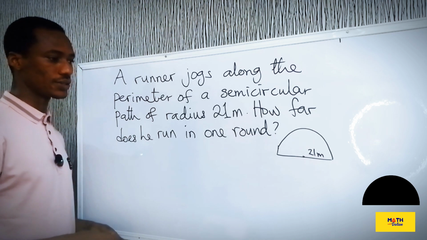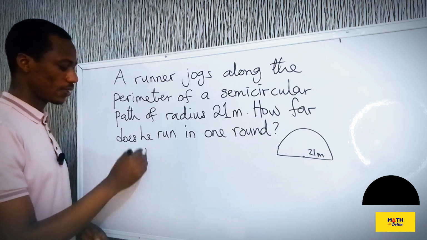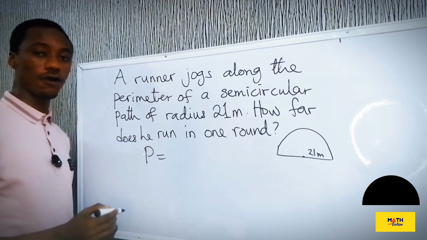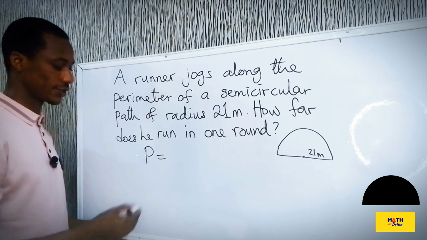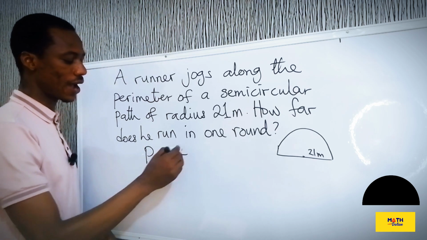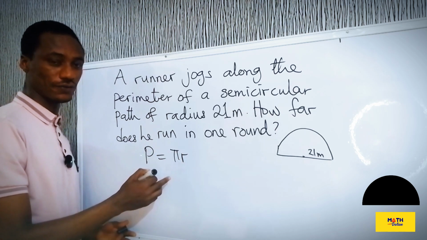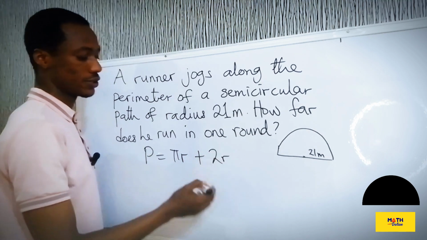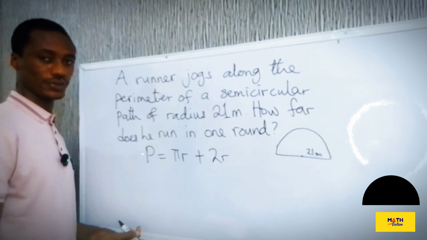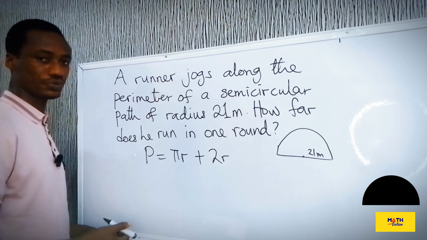All right, so we remember the formula that to calculate the perimeter of a semicircle when the radius is given, we have pi r, which is half of the circumference, plus the diameter, which is 2 times the radius. Okay, 2 radii.